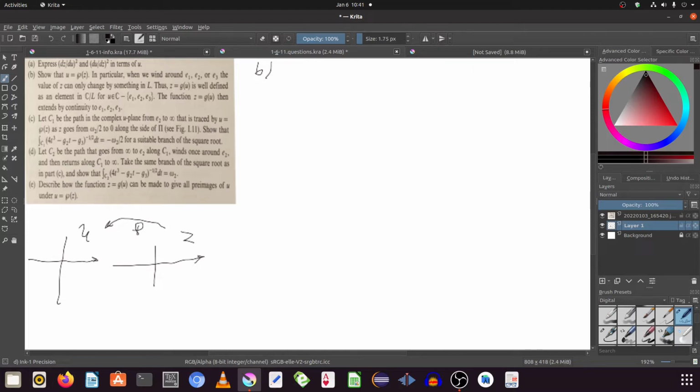We know already from exercise 10 that it's a translate of the Weierstrass P function.